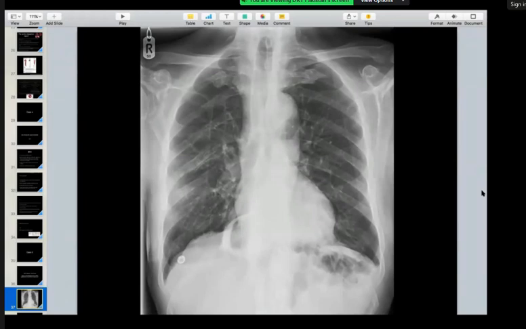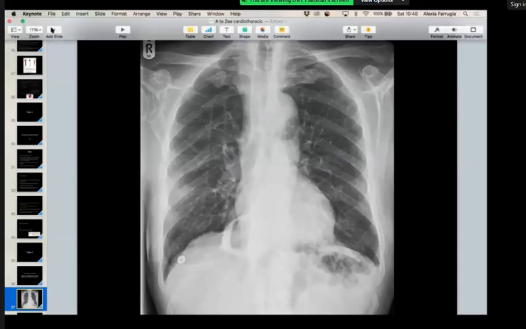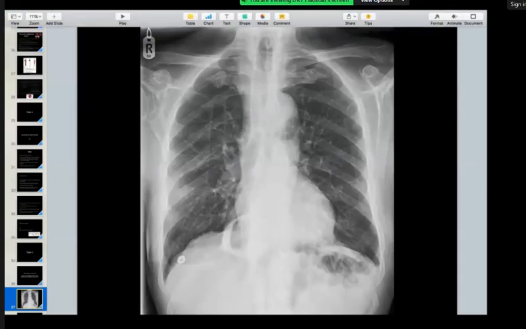So this is a frontal radiograph for an adult patient. I can't clearly see the NG tube that's been inserted, but just looking at the lungs, there's no focal consolidation or collapse.